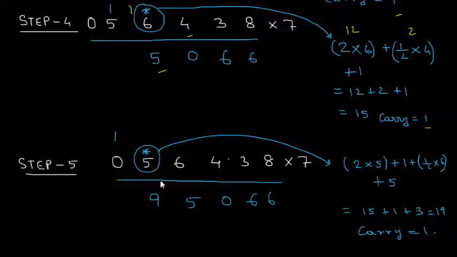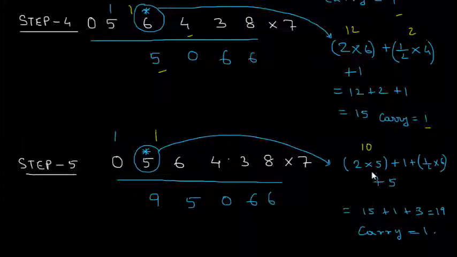Now the next step is 5. So what we'll do, we'll multiply 2 and 5, that is 10, plus the carry 1 plus half of its right hand number, that is 6.